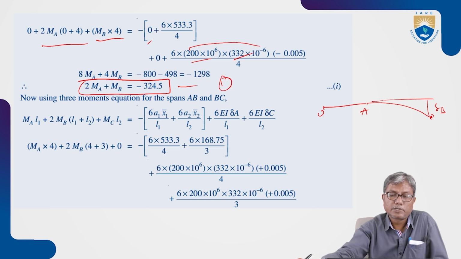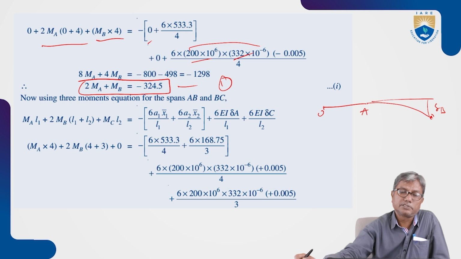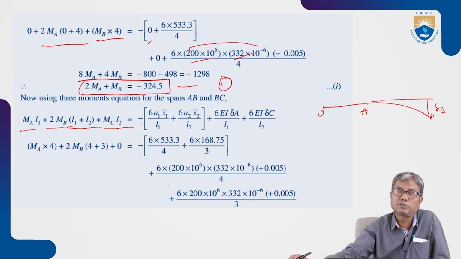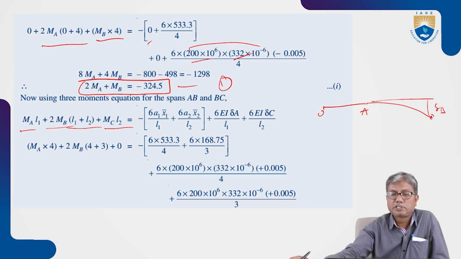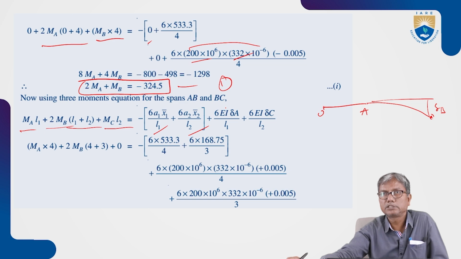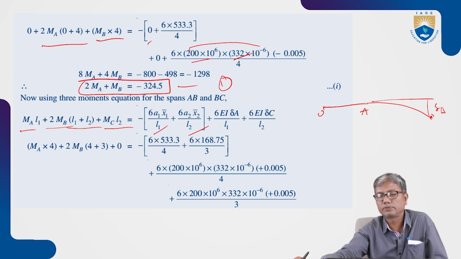Now again, apply this for spans AB and BC. The equation is now MAL1 plus 2MB into L1 plus L2 plus MCL2 is equal to minus 6A1 X1 bar by L1, 6A2 X2 bar by L2 plus 6EI delta A by L1 plus 6EI delta C by L2.